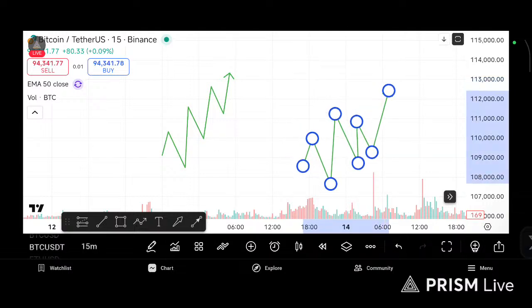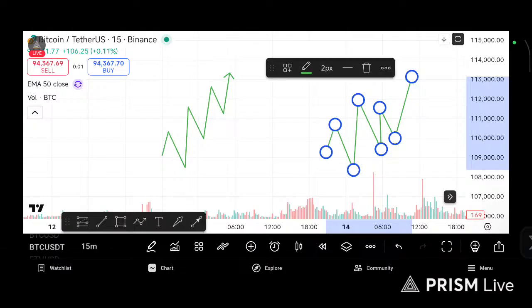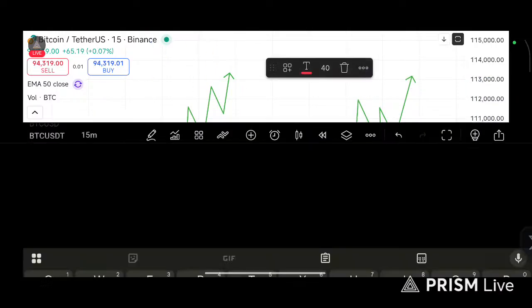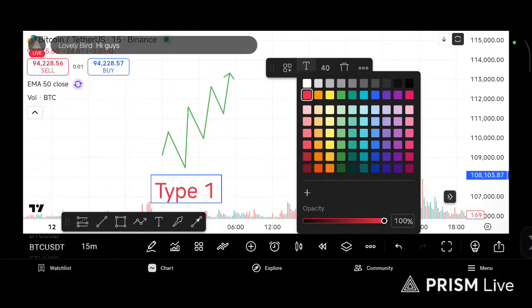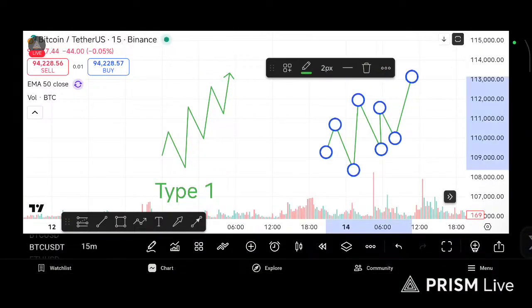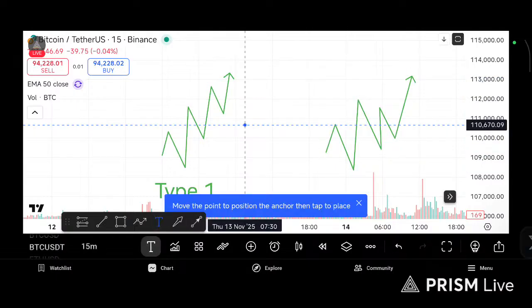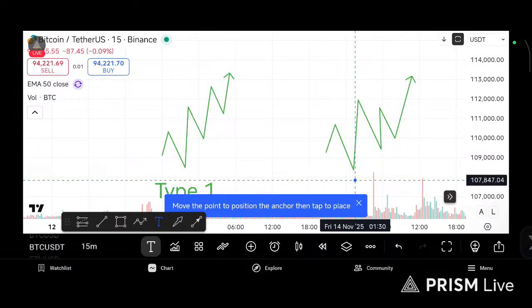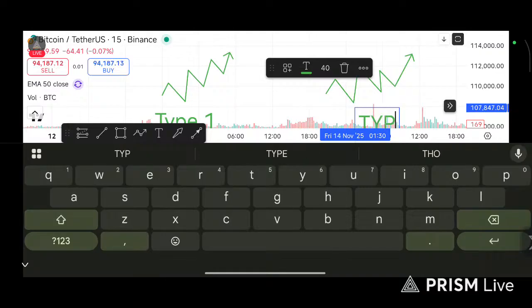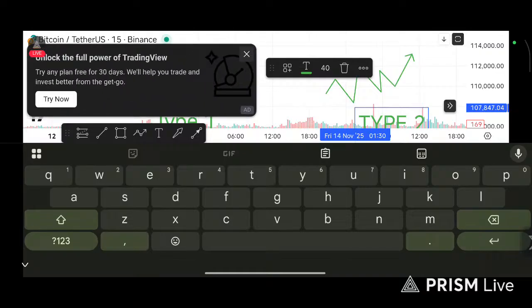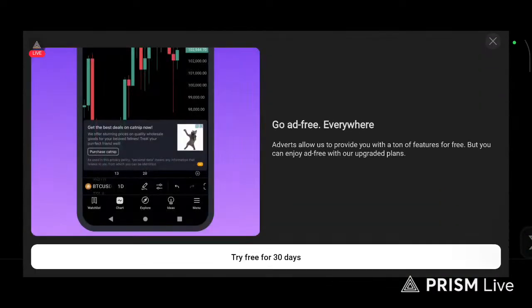We have the type 1 liquidity from our last class, that is green, and this is type 2 liquidity, right?